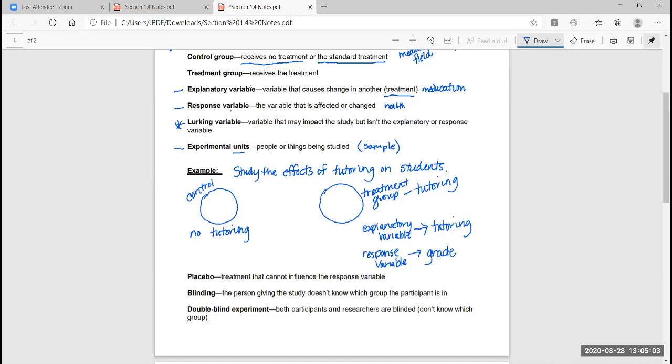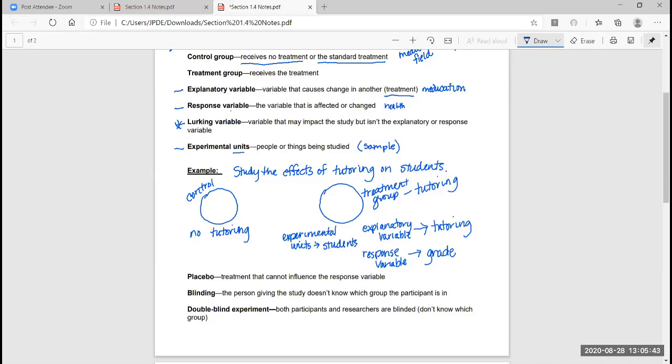So let's see, we did the explanatory variable. We did the response variable. The experimental units would be those students in the study. So what you'll see on a lot of the problems on the online homework, they will ask you to define what is the explanatory variable, what is the response variable, who are or what are the experimental units.